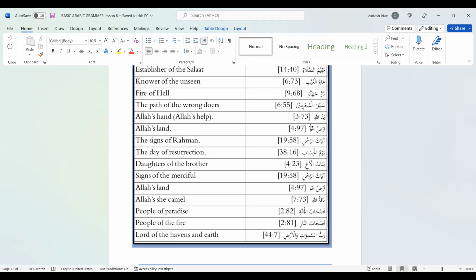All the rules that I studied so far, I used to practice them from my Musaf, so you can do the same. Whenever you find a feminine noun, you can highlight it or underline it, or mark it with your favorite color, and so on. You can do it as much as you can.